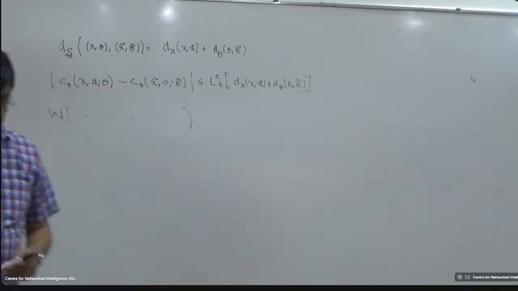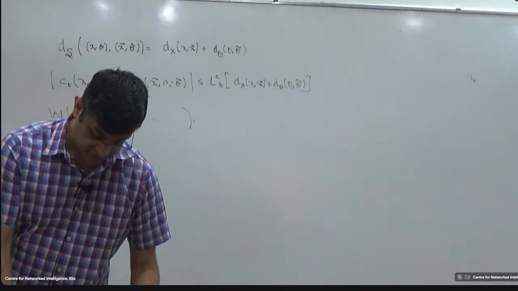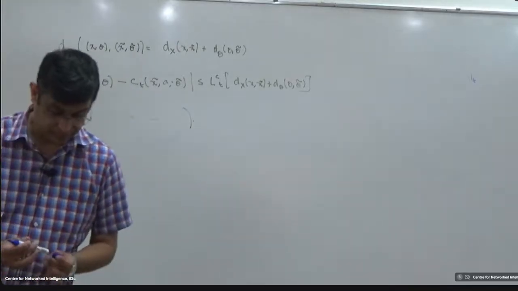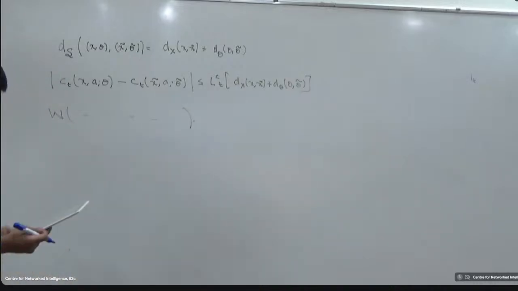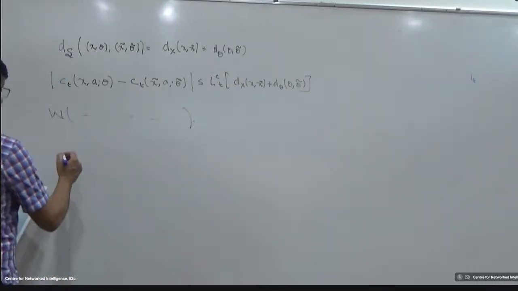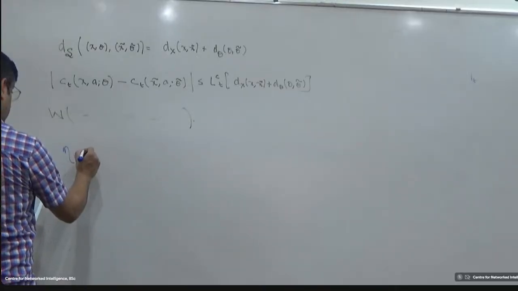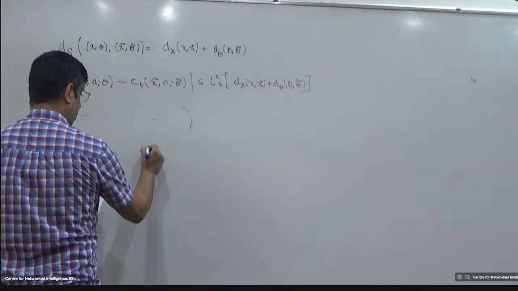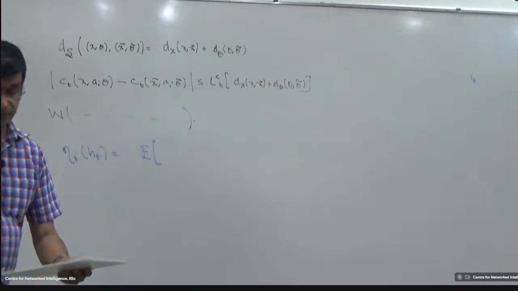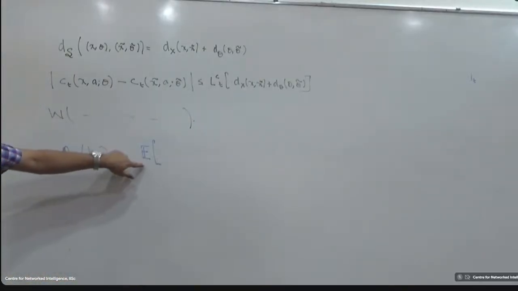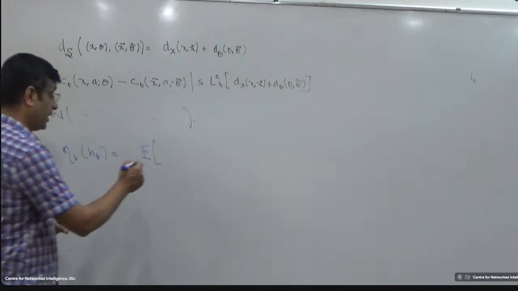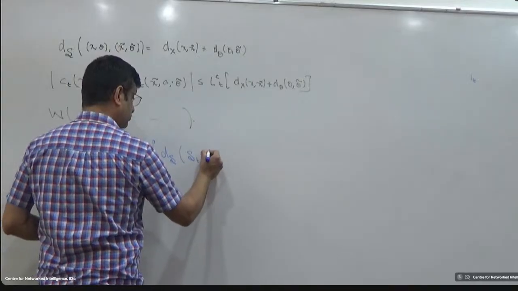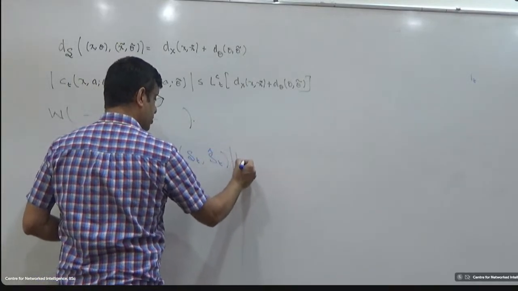Now, once I have this, I know that eta t is going to be the expected value of, so let's recall what this was, the distance between the true state f t and the estimated state f hat t, conditioned on h t.